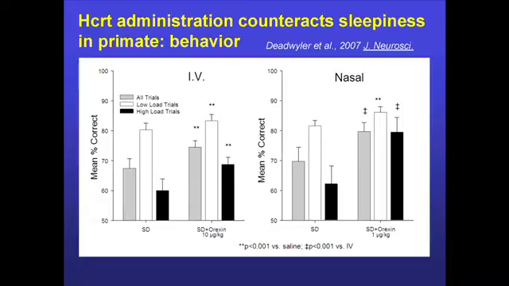And what we're seeing here is that if you give Orexin, which is what's labeled here, of course Orexin and hypocretin are the same. If you give hypocretin, these animals' performance returns to baseline levels after sleep deprivation. And if you actually look at brain metabolism in these monkeys, you can see that the brain metabolism normalizes.